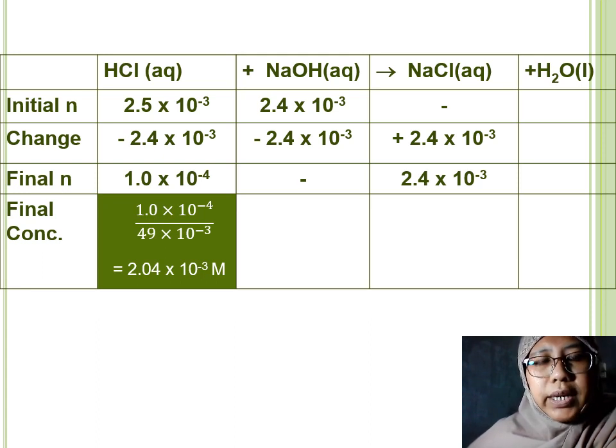This is the final number of moles for HCl. So we find the new concentration of HCl. We have to find the total volume. The total volume is 25 plus 24, divided by 1,000. We got 49 times 10 to the power of negative 3. So the concentration now is 2.04 times 10 to the power of negative 3 molar.